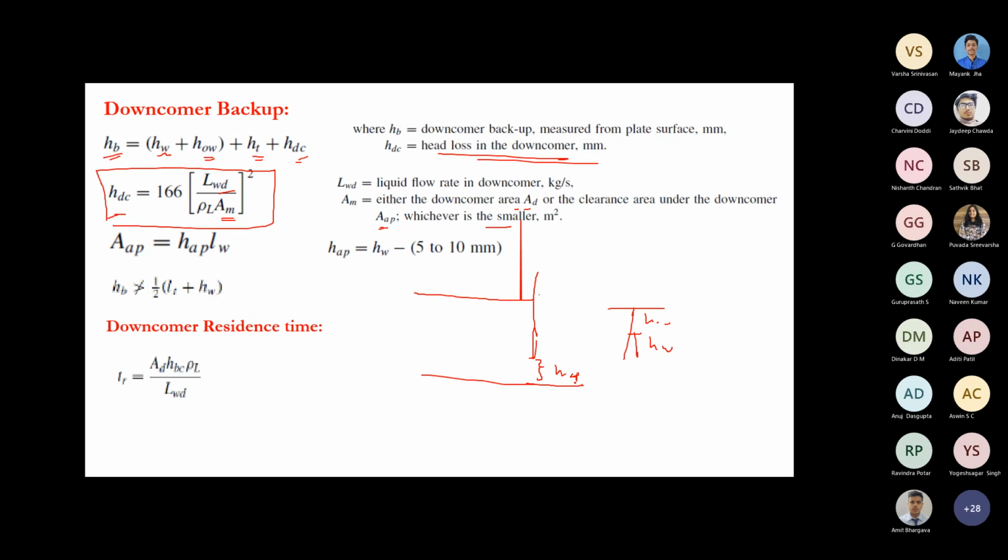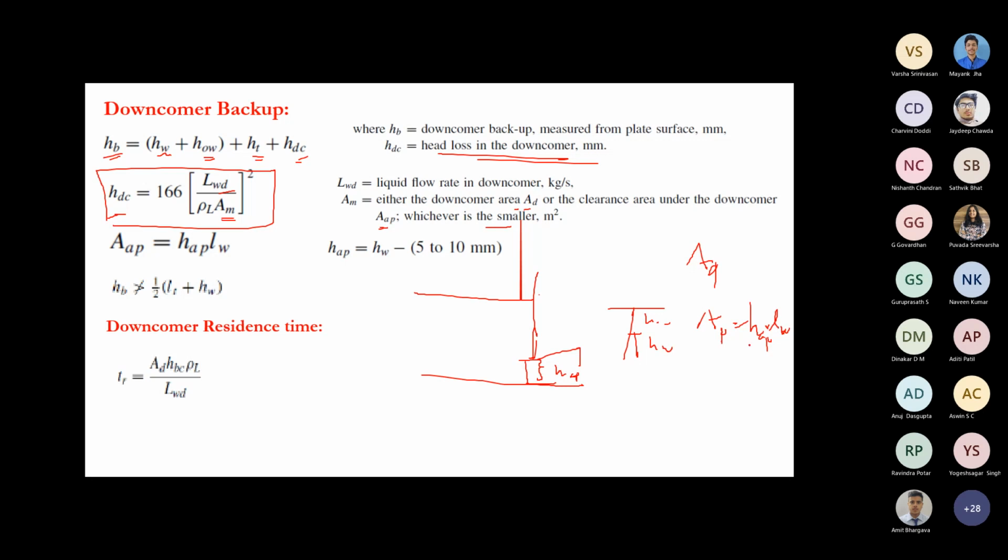HAP gives a rectangular portion, so you have to calculate the AAP. HAP into LW will give the AAP. You know the downcomer area AD, and you have to calculate AP. AP is HAP into LW, the length of the wear plate.